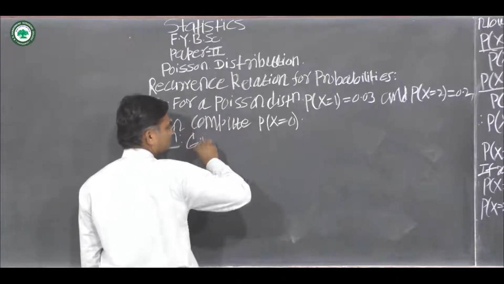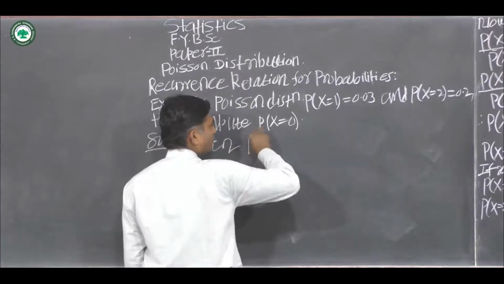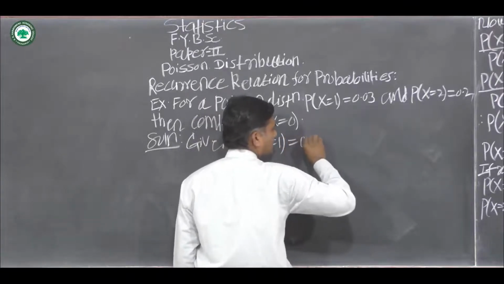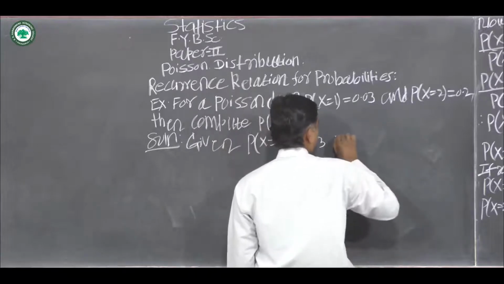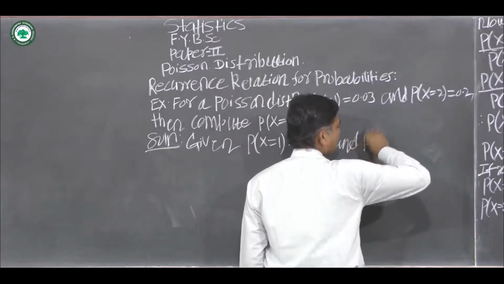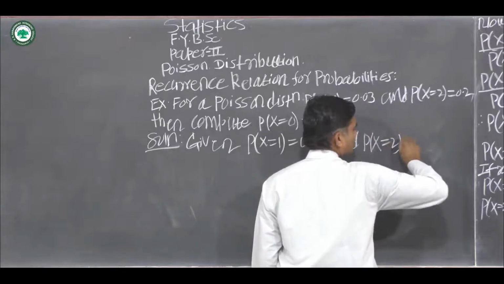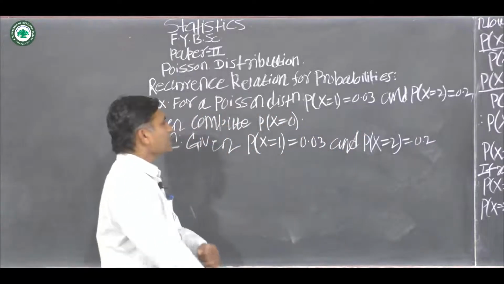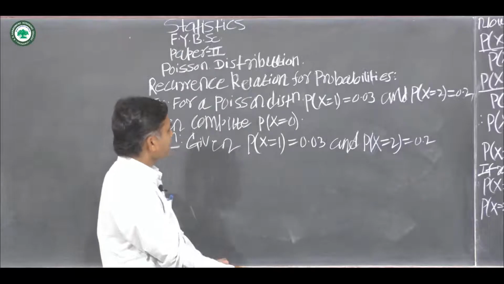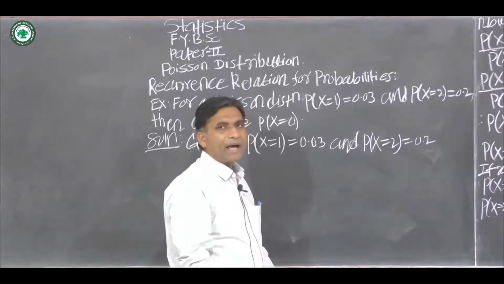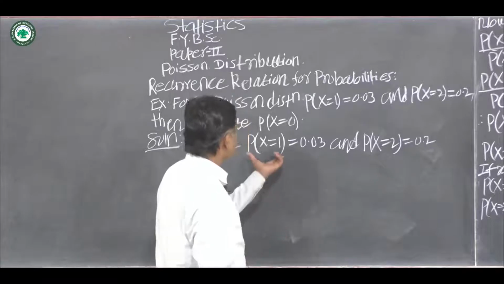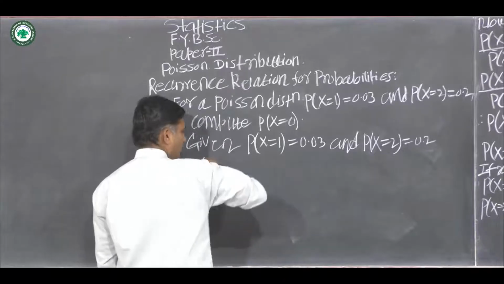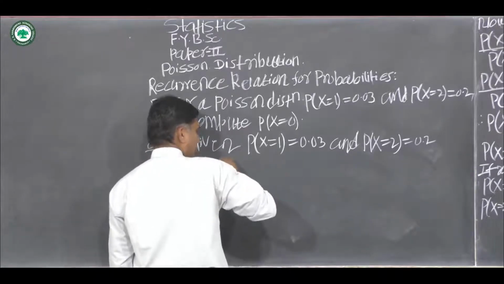Given probability of x equal to 1 is equal to 0.03 and probability of x equal to 2 is equal to 0.2. Now by using the recurrence relation, first we find the value of the parameter m.